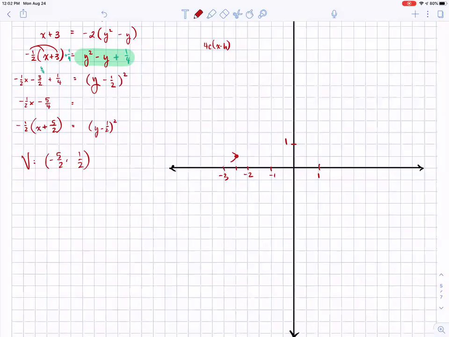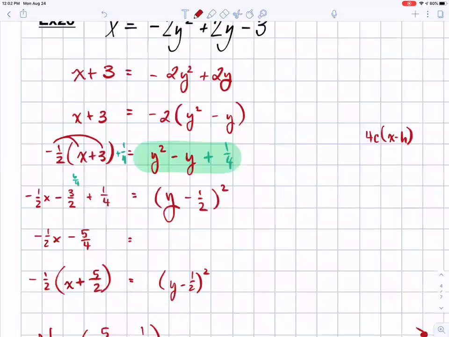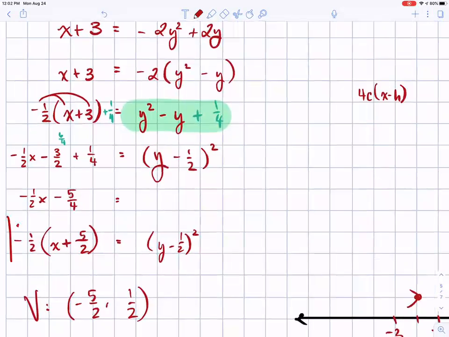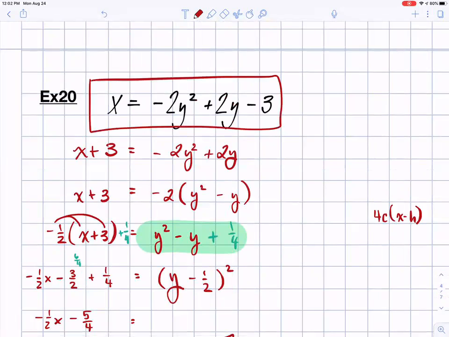All x-intercepts have what in common? A y value of 0. So let's go to our standard equation. And by the way, here's a trick. You can go to any equation you've worked with so far. You can either go to the standard equation, which was down here, and plug in 0 for y, or you can go to the original equation. They're the same picture.